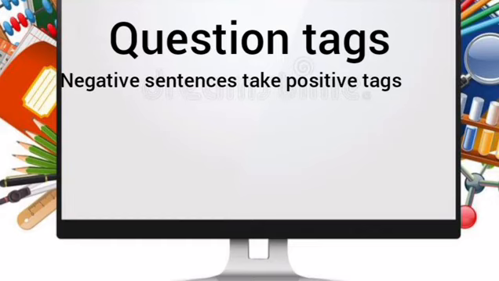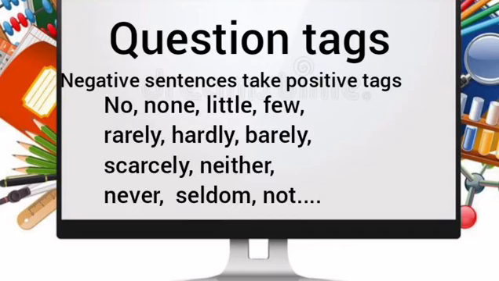Other than that, a few words also represent a negative: no, none, little, few, rarely, hardly, barely, scarcely, neither, never, seldom, not. These words also represent a negative sentence, right? So if these words come in a sentence, you have to identify it as negative, and you have to change the tag to a positive one. Clear?